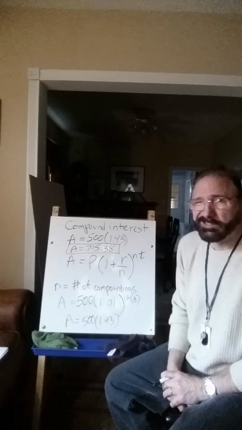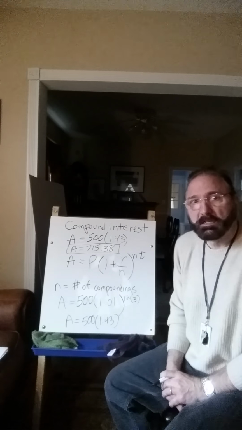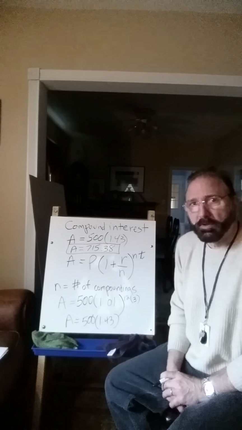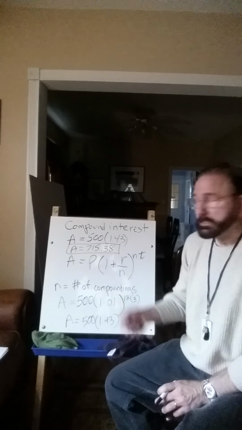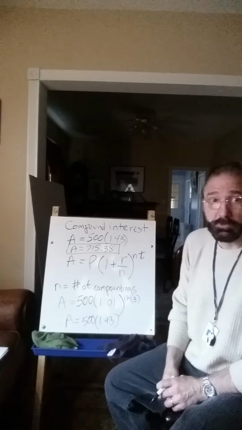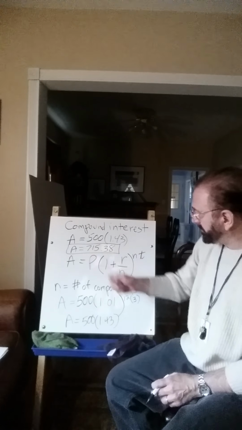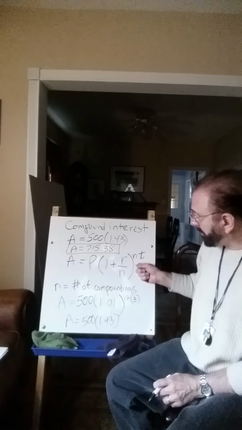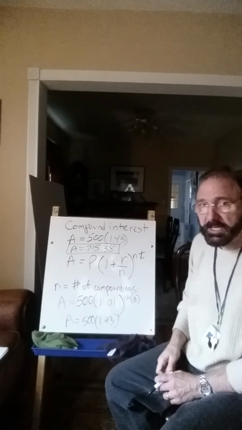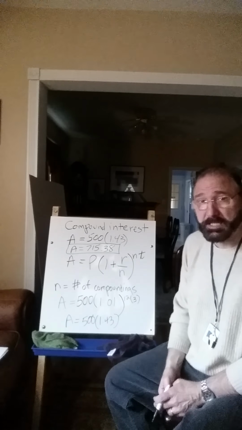Not much, but you know, $500 really isn't a lot of money to a bank. If you're dealing with, say, tens of thousands of dollars or millions, this could get into the hundreds of dollars or more. But at the end of 3 years, compounded monthly, at 12% interest, you're going to have to come up with $715.38.